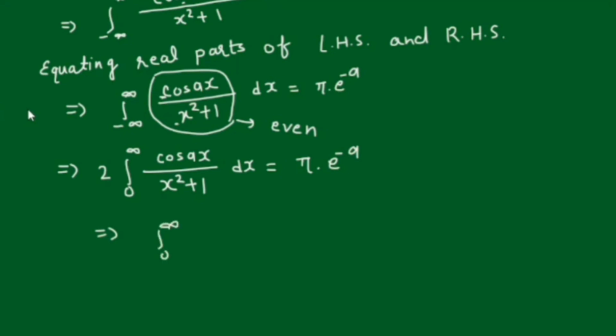So integral from 0 to infinite cos ax divided by x square plus 1 dx is equal to pi into e to the power minus a divided by 2.